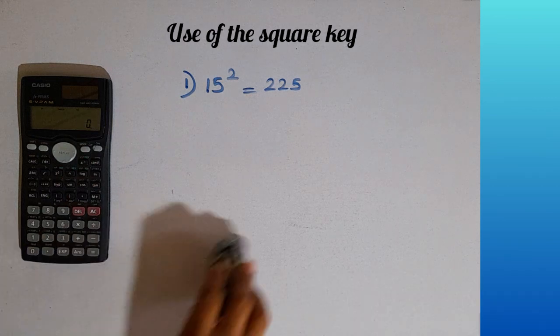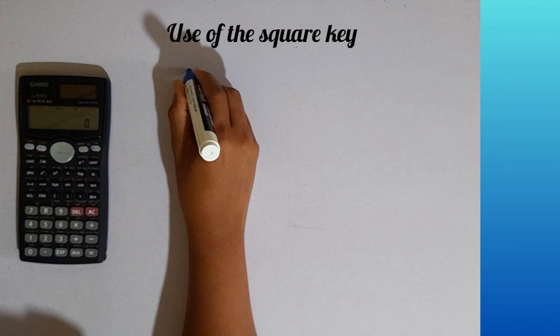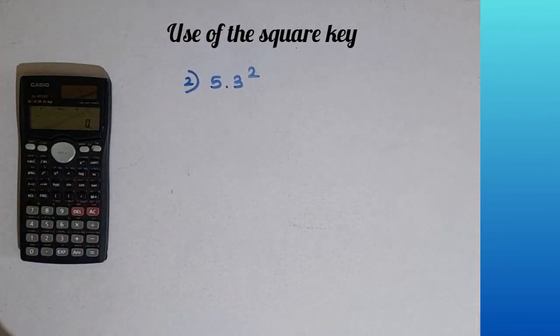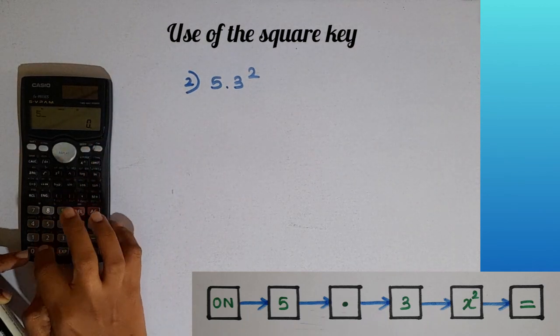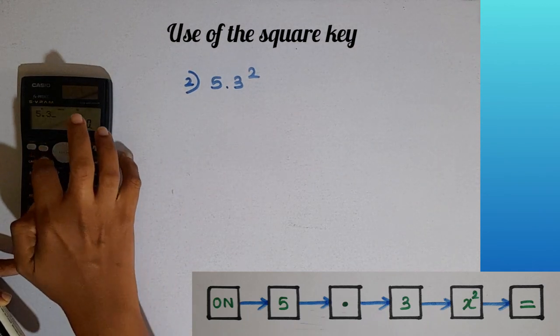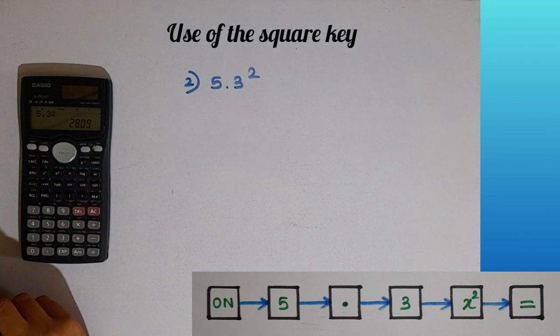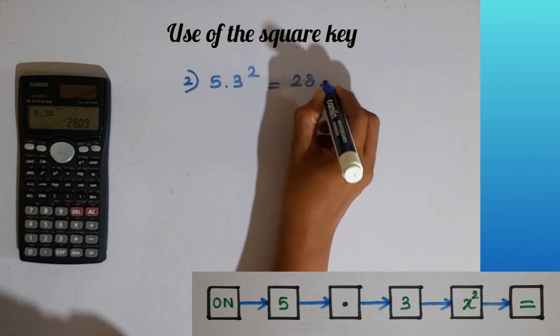Then the second question, 5.3 squared. Again the on key, then 5.3, then the x squared key. 28.09. This is the flow chart that we have to draw.